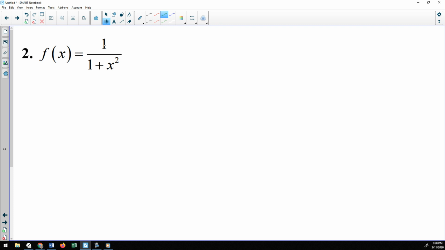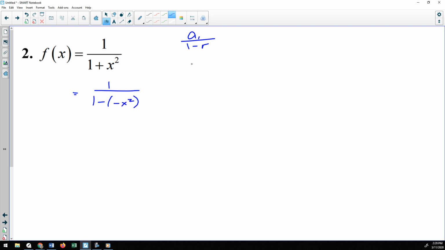This one's a little bit more complex. I do still see something over, and I see a sum down here, so it does resemble first term over 1 minus the ratio, but I really want it to be a minus sign down here. And so I'm going to fix that by changing it to 1 over 1 minus a negative x squared.